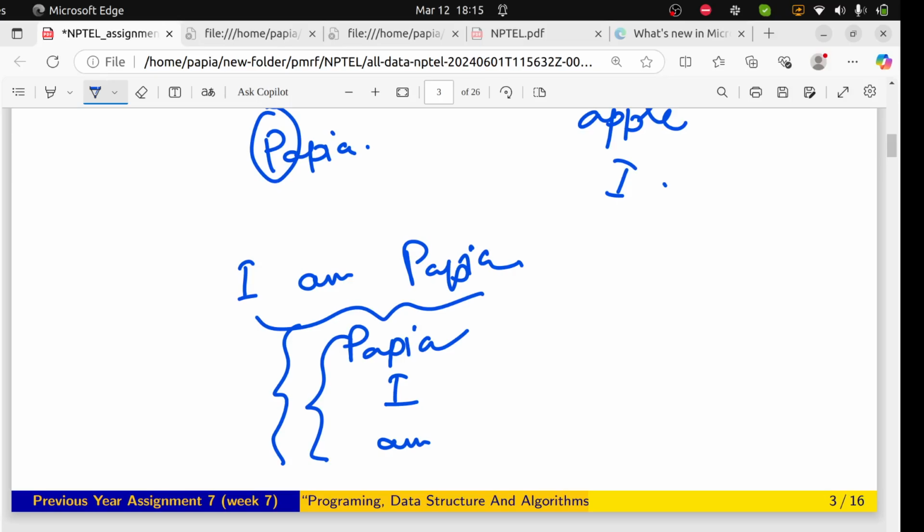Okay. But in the previous year question, as I already mentioned, there was something ordering, some letters were there in that word, and we were going to find the next permutation of this lexicographic order, or the previous permutation, something like that.